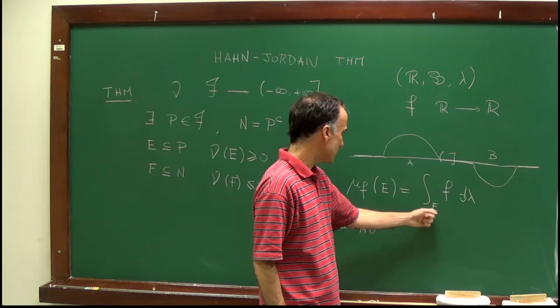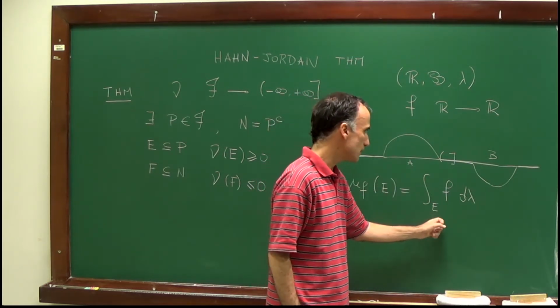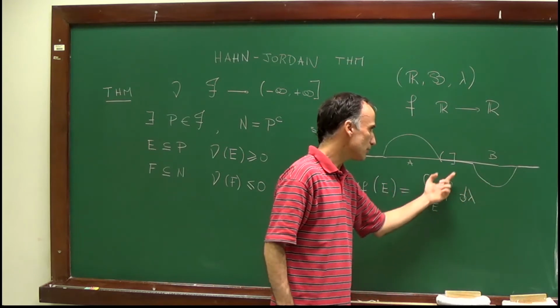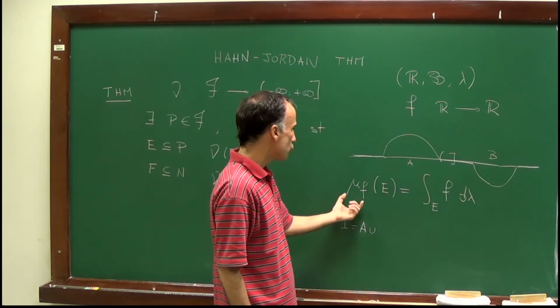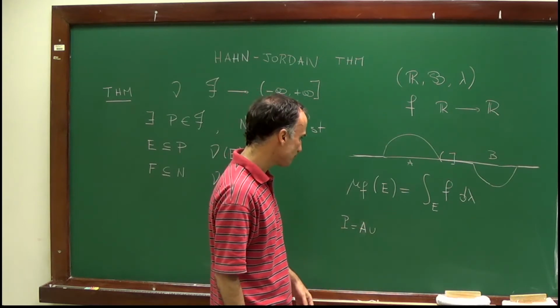If E is a subset of A, this integral will be positive. If E is a subset of B, this integral will take negative values. So mu f takes positive and negative values.